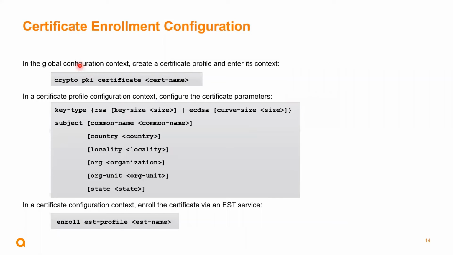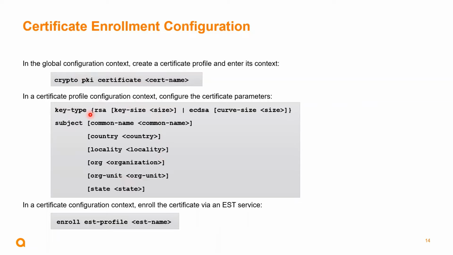Next comes the certificate enrollment configuration. These configurations also are available from the initial releases of our AOS-CX switches. The only difference in this enhancement is that this configuration was not residing in our switch configuration, but now it will. In the global configuration context, we need to mention crypto pki certificate and a friendly name for the certificate. Once we configure it, it will jump to the certificate context.